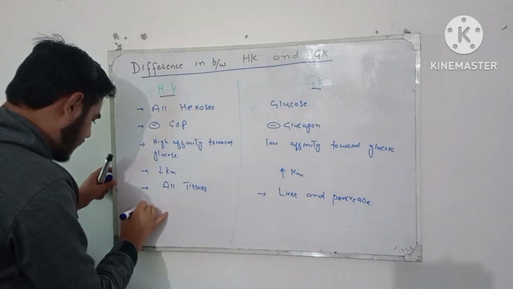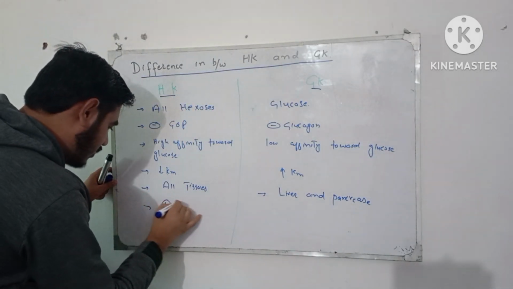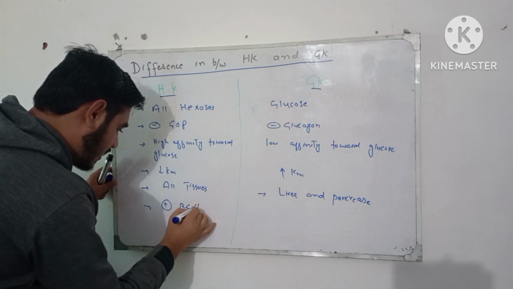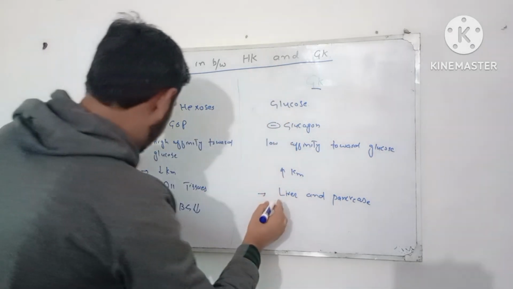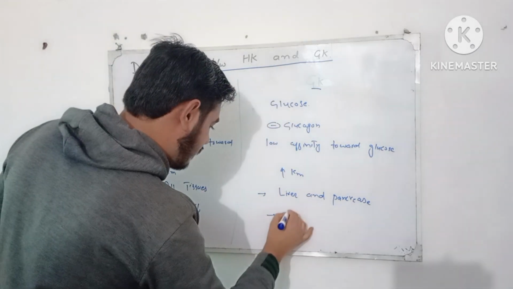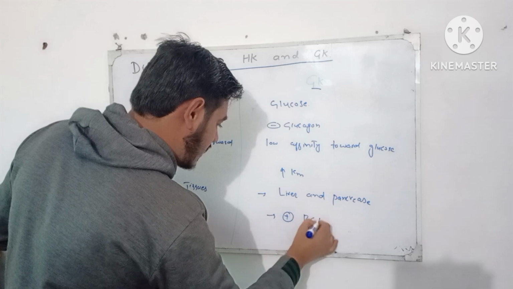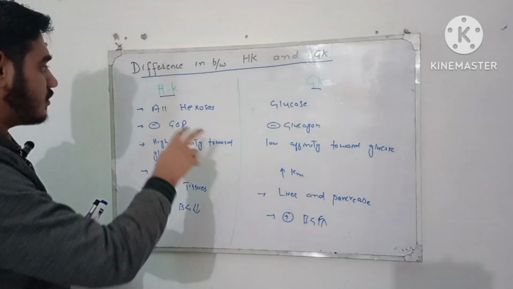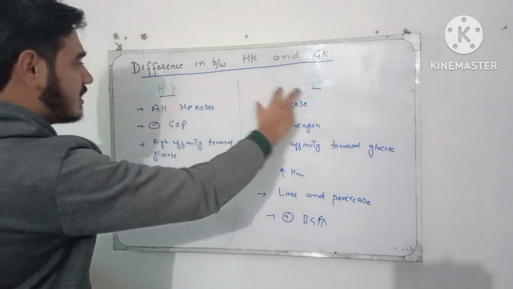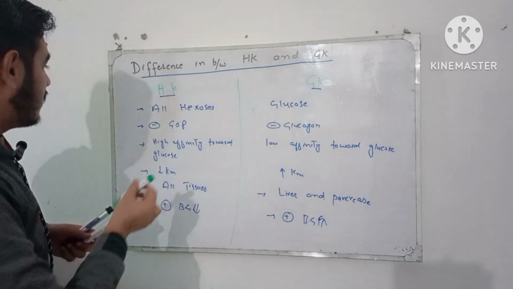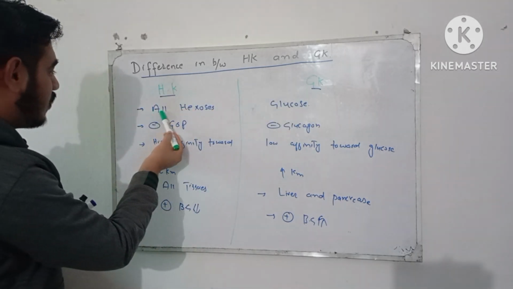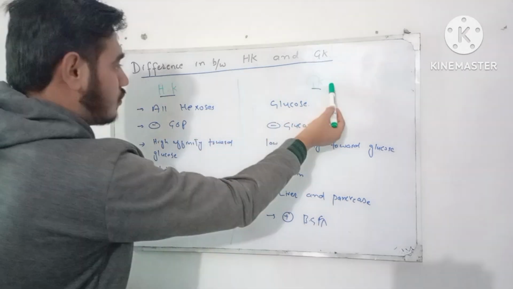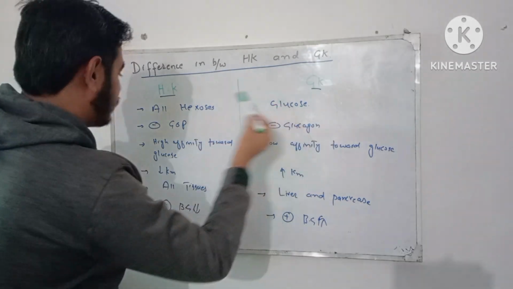Hexokinase enzyme activates when blood glucose level is very low. Glucokinase enzyme activates when blood glucose level is very high. So students, these are the main points of the difference between hexokinase and glucokinase enzyme. Hexokinase acts upon all hexoses, glucokinase acts upon glucose.